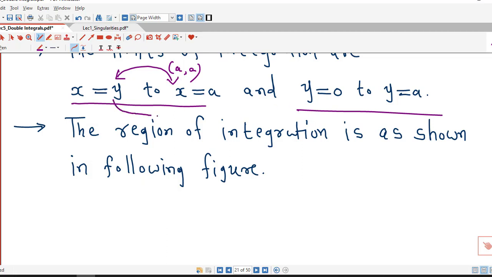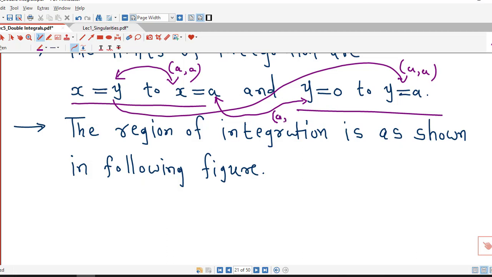Similarly x equal to y will intersect y equal to a at the same point (a, a). x equal to a means a line parallel to the y axis, so it will pass through the point (a, 0), and x equal to y and y equal to 0 will intersect at the origin.